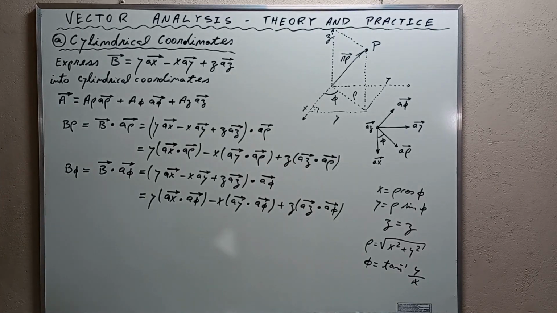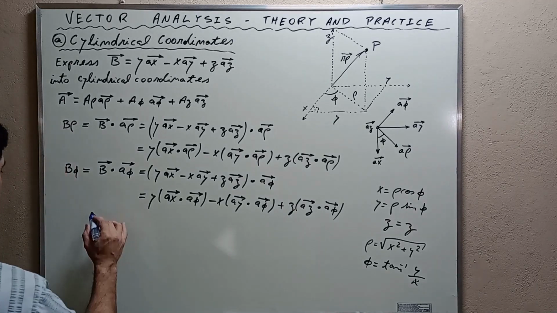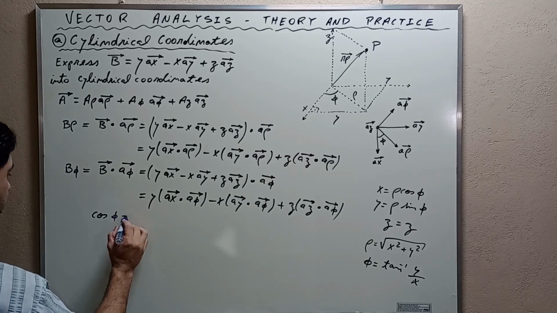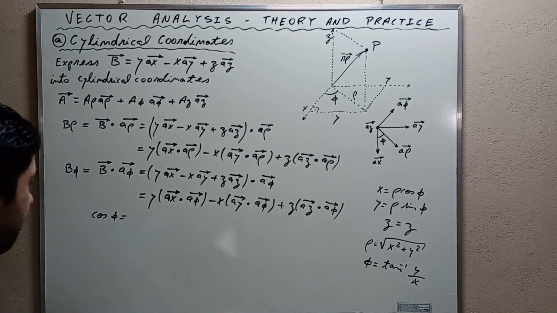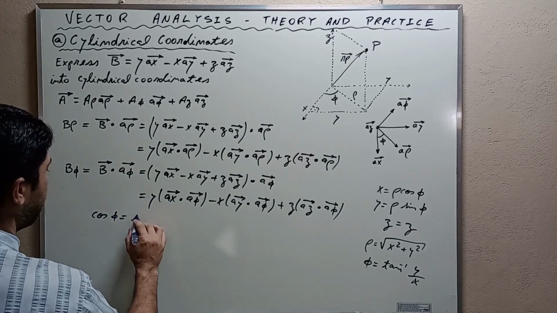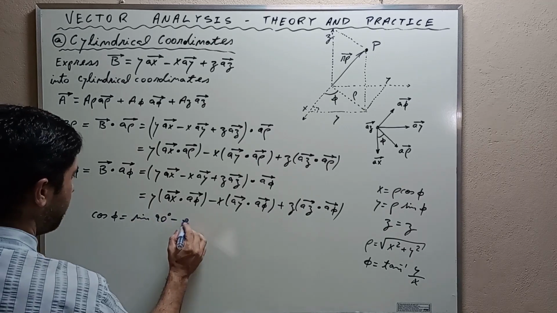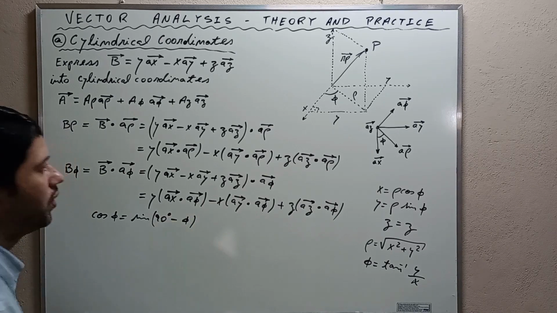Returning to the exercise, consider that the cosine of phi is equal to the sine of 90 degrees minus phi. Okay?